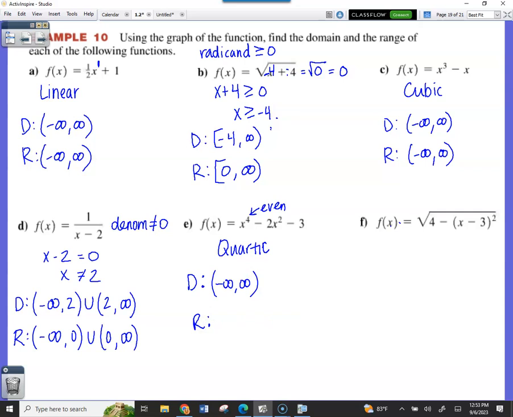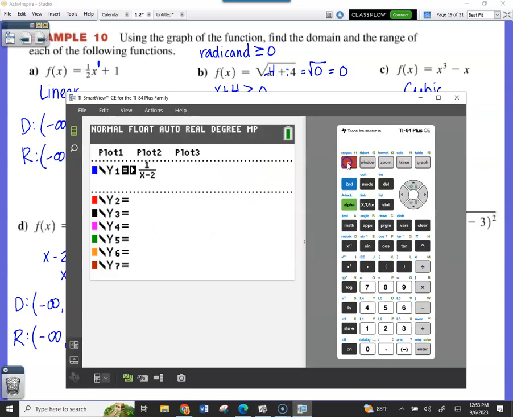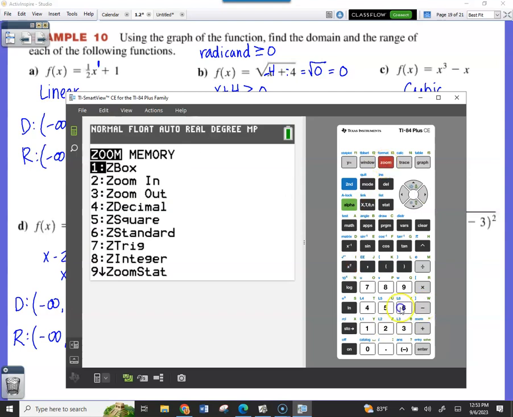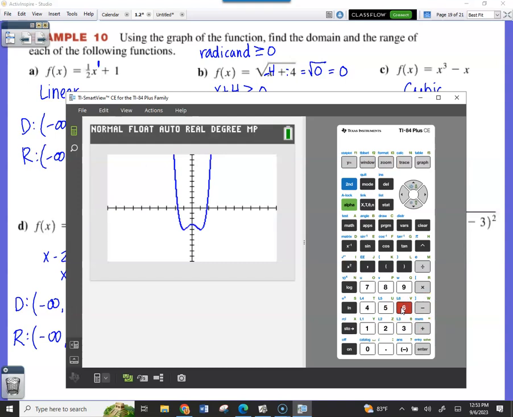So you would go to your calculator, graph it in y equals, and then just look at the graph. X to the fourth minus 2x squared minus 3. And I'm going to zoom 6 it. And then we're going to run with what it looks like it's hitting.